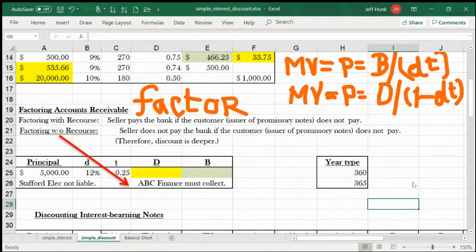I also told you the promissory notes are also called commercial paper. Now, if you took Finance 100 with me, the principles of finance, you might remember that the name commercial paper is reserved for a certain category of bonds, in other words, a short-term corporate bond.